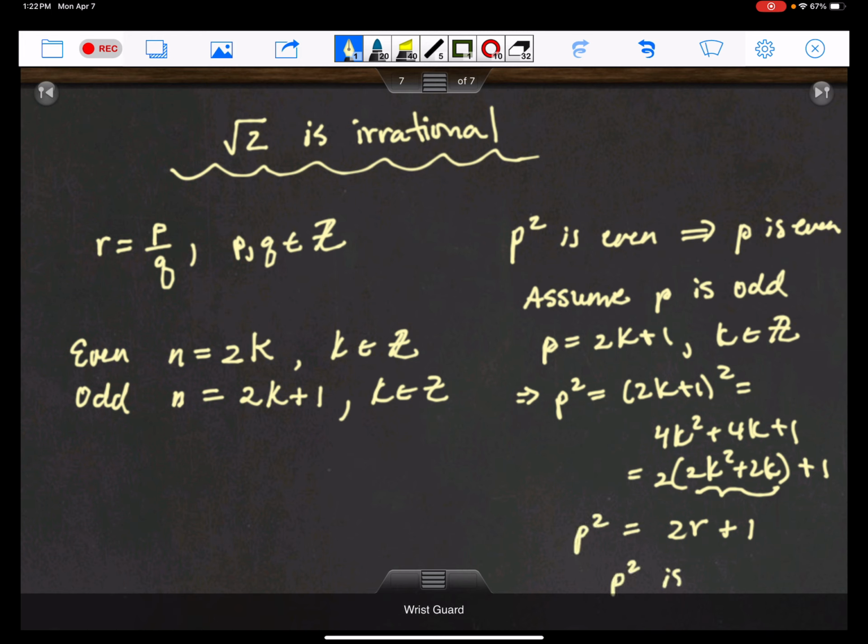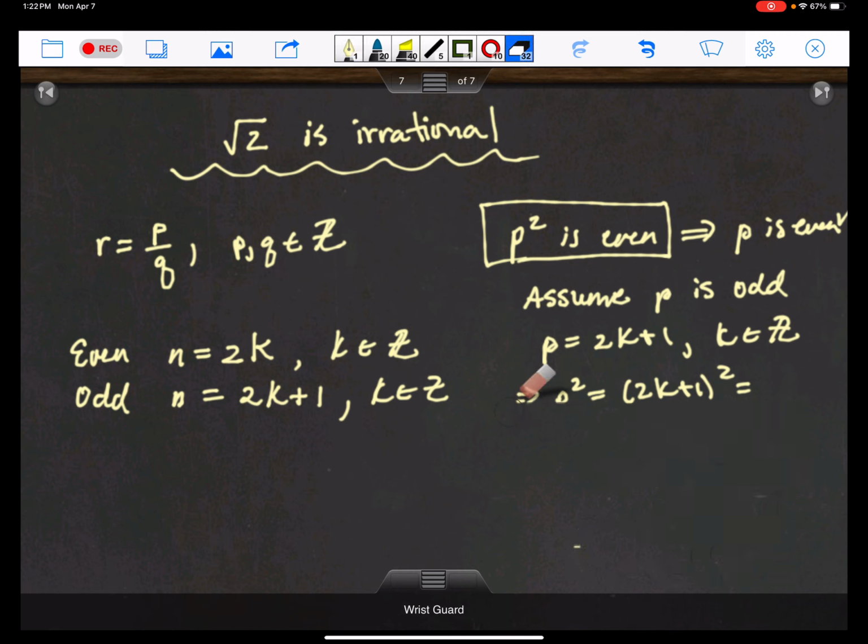But that is a contradiction to our given, p squared is even. So by assuming p squared is even and p is odd, we get a contradiction. Therefore, p is even. When p squared is even, so too is p. So those are the tools that we're going to need for the proof.